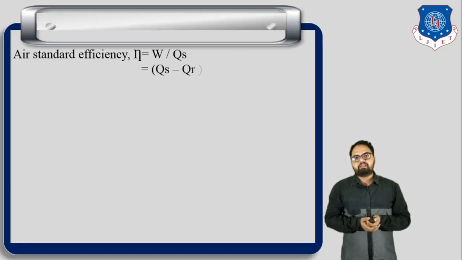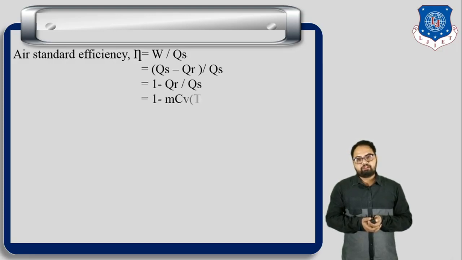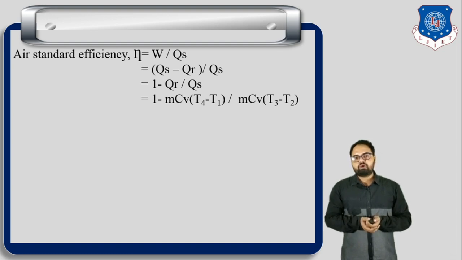If we put these values in the equation, we will get eta is equal to (Qs minus Qr) by Qs, and the final equation will be 1 minus Qr by Qs. By putting the values of Qr and Qs, we get 1 minus mCv (T4 minus T1) divided by mCv (T3 minus T2), and the mCv term cancels.